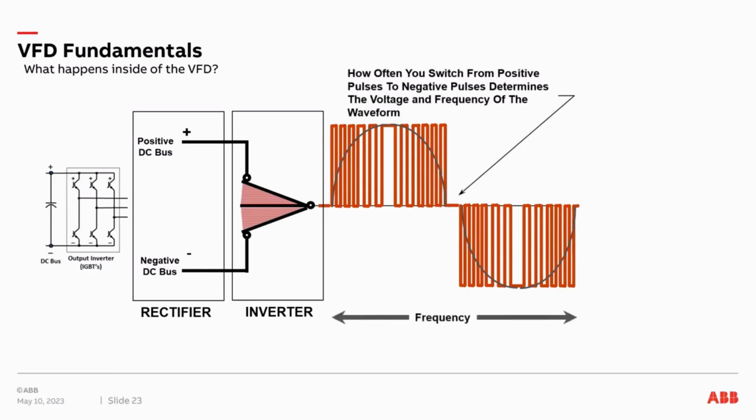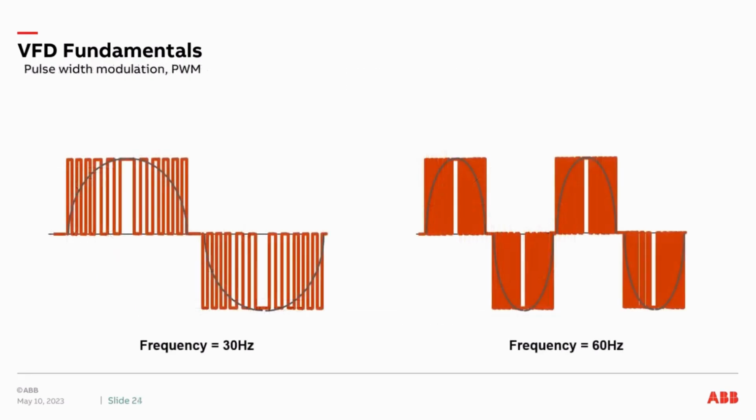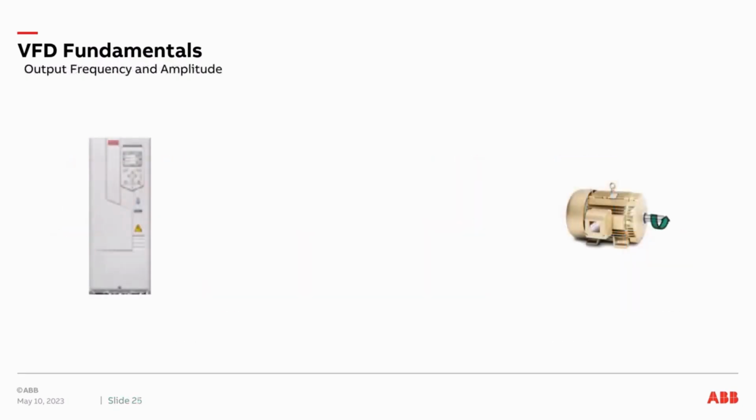So we have our frequency, that's based on the x-axis, and our voltage is on the y-axis. Now, a frequency of 30 Hertz is half the frequency of 60 Hertz. Remember, 60 Hertz is 60 cycles per second, 30 Hertz is 30 cycles per second. When we look at a motor and a drive, the output frequency and the amplitude of the voltage are needed to control the motor speed.